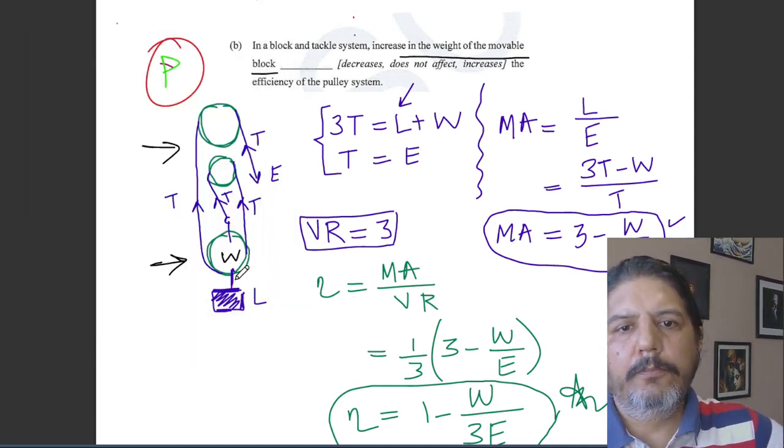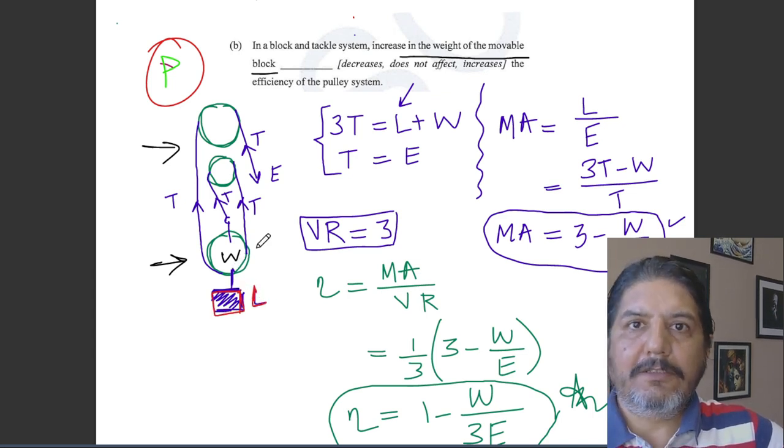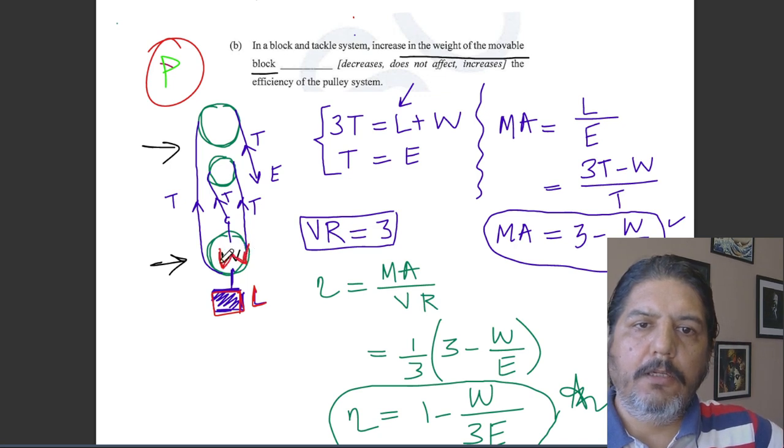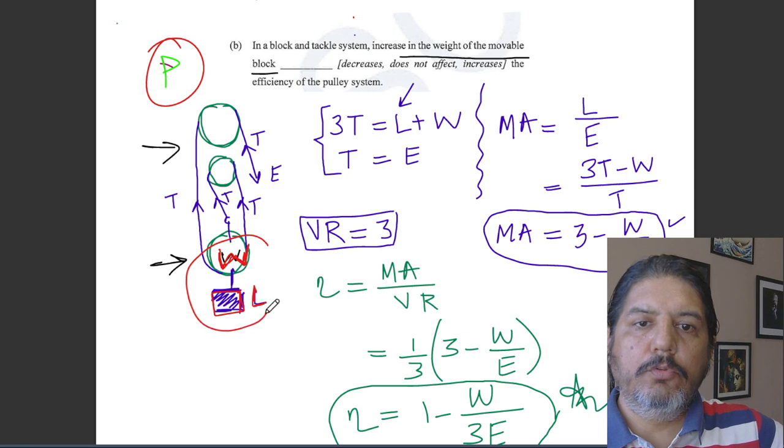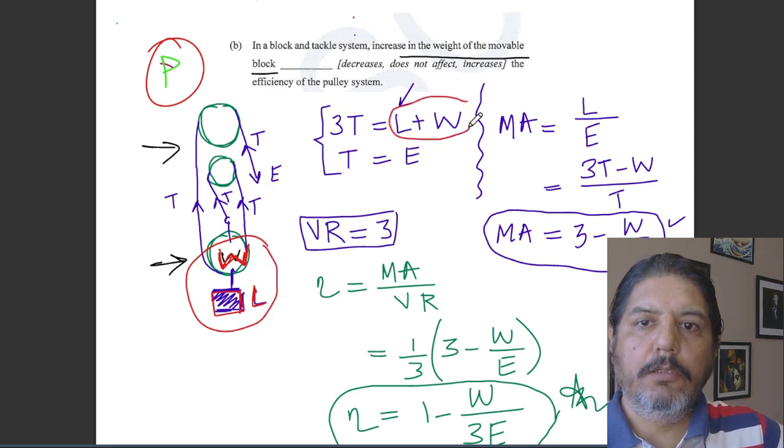See this load, which is the external load, and this W, which is the weight of the movable pulley. So these two would be supported by 3T. This tension, and this tension.